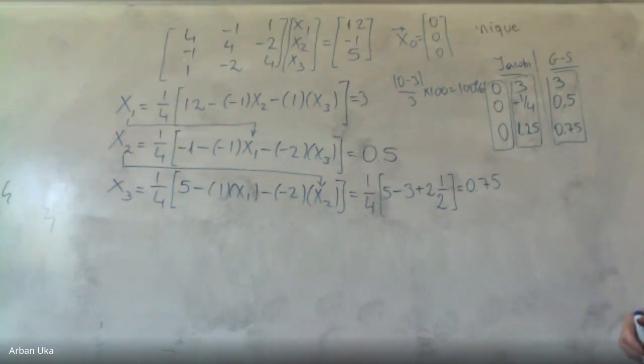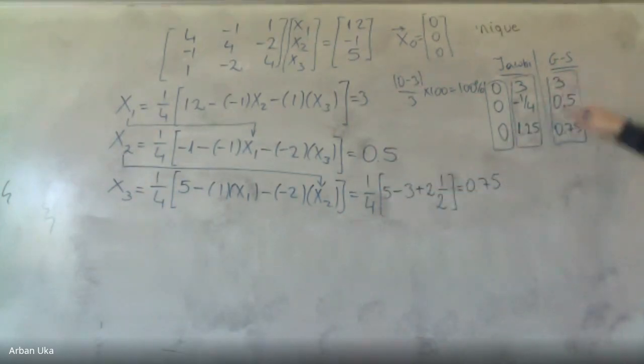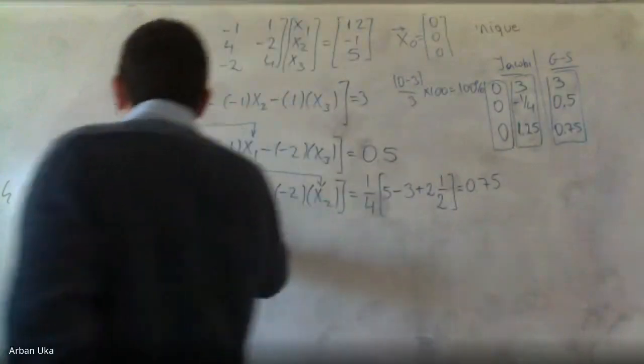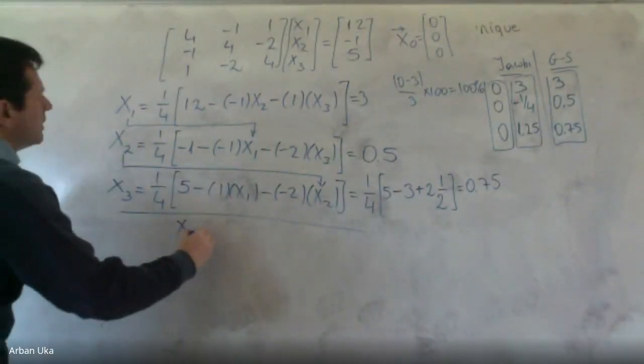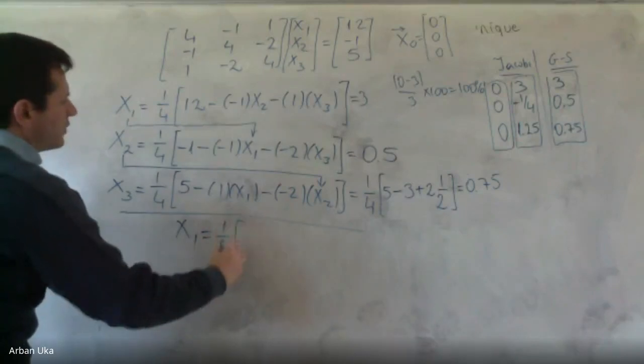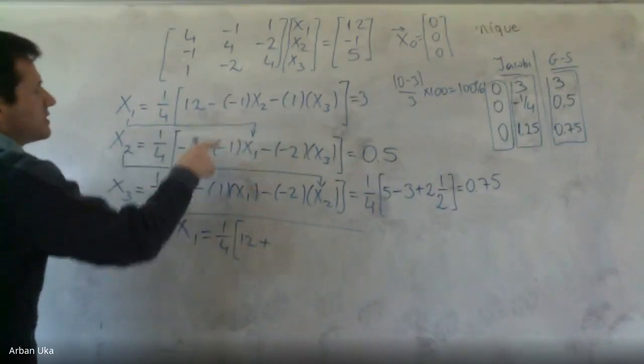Okay? And then we substitute, so we found all of these values in one round, and let's see what the next values are. And then here we'll have the following. x1 would be equal to 1 over 4, 12, plus, so minus is plus.